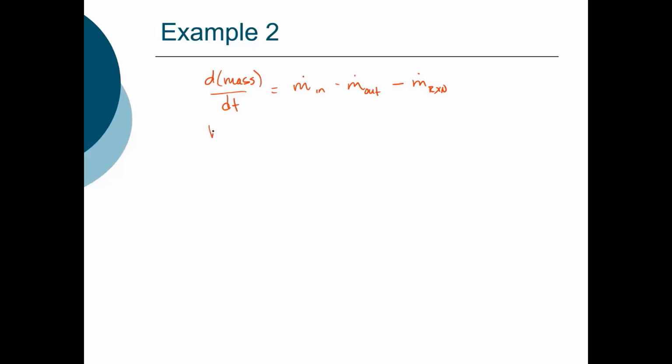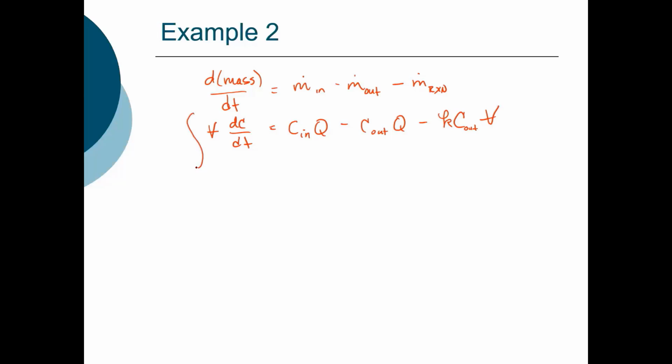Since volume is constant, we can write volume dC/dt is equal, and since Q, volume is constant, we'll use Q, so we have C in Q minus C out Q minus K. This C is our C out times the volume.